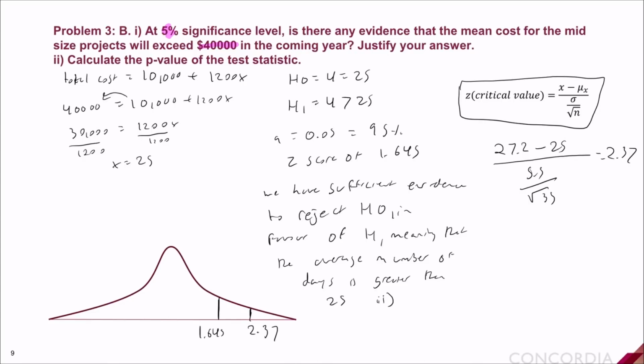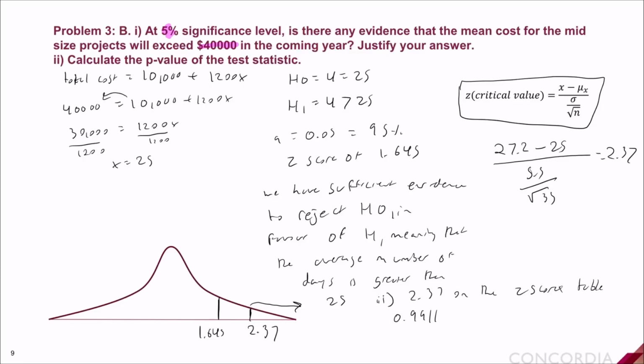Now the last part of this question, which is II, tells us to find the p-value. The p-value again is simply the probability to the right of our critical value. In this case, if you were to look up 2.37 on the Z-score table, it would give you a value of 0.9911.